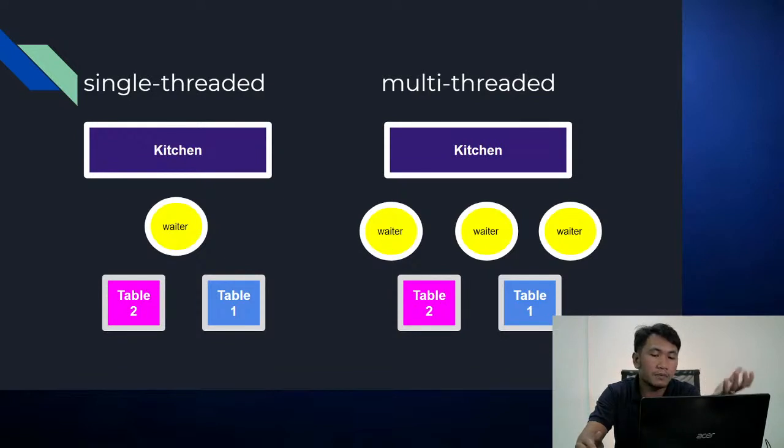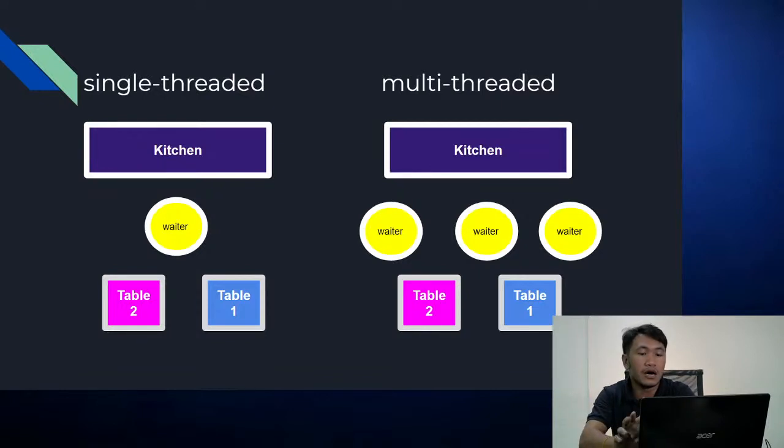However, there are multiple waiters that could accommodate our customers at the same time. Waiter 1 could accommodate the customer at table 2, and waiter 2 can at the same time accommodate those at table 1, and waiter 3 could just wait for another customer.